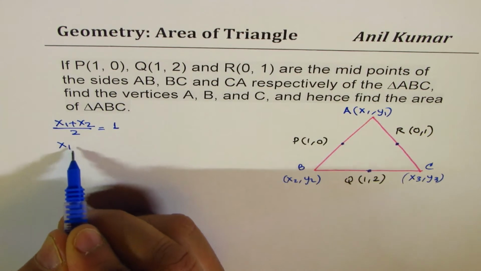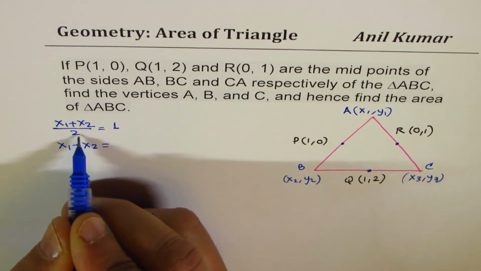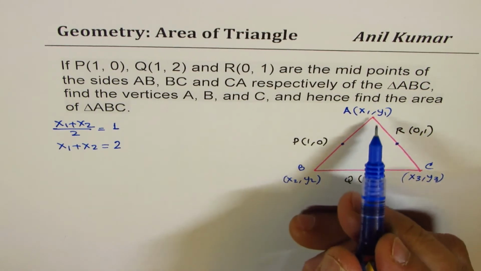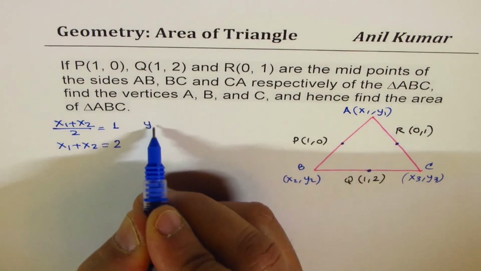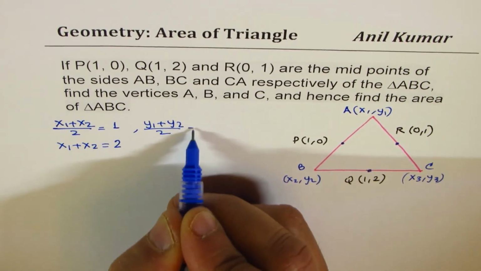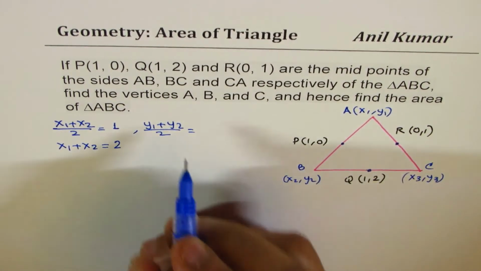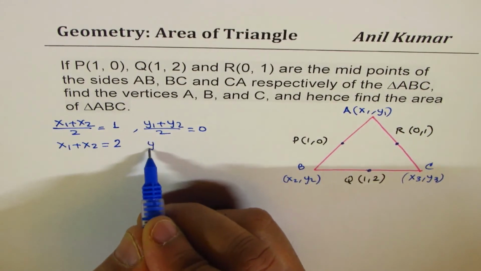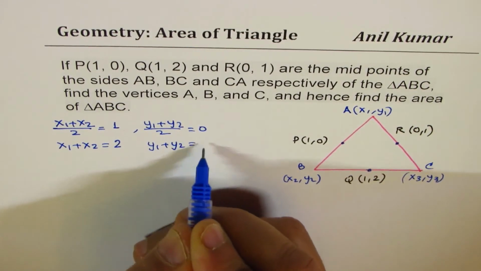Or you can say x1 plus x2 is, cross multiply, 2 times 1. Similarly for y1, y2, you say y1 plus y2 divided by 2 is equal to 0. That's the midpoint, right? So we have y1 plus y2 equals 0.